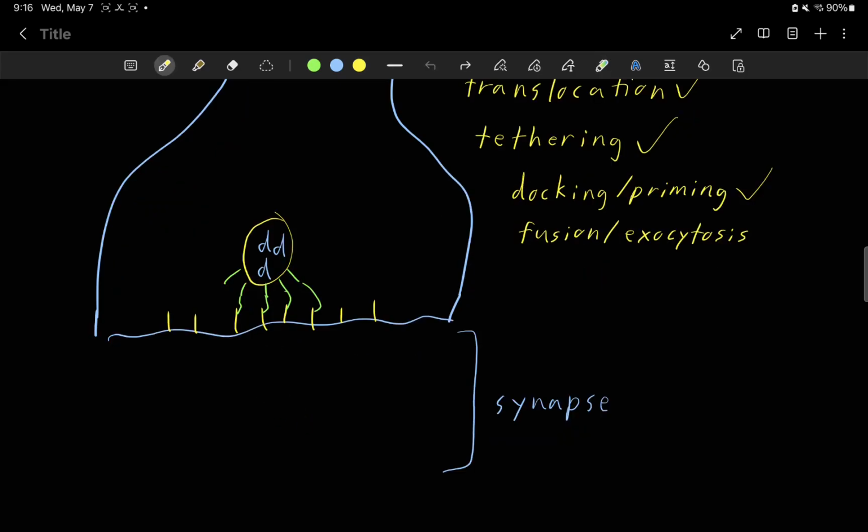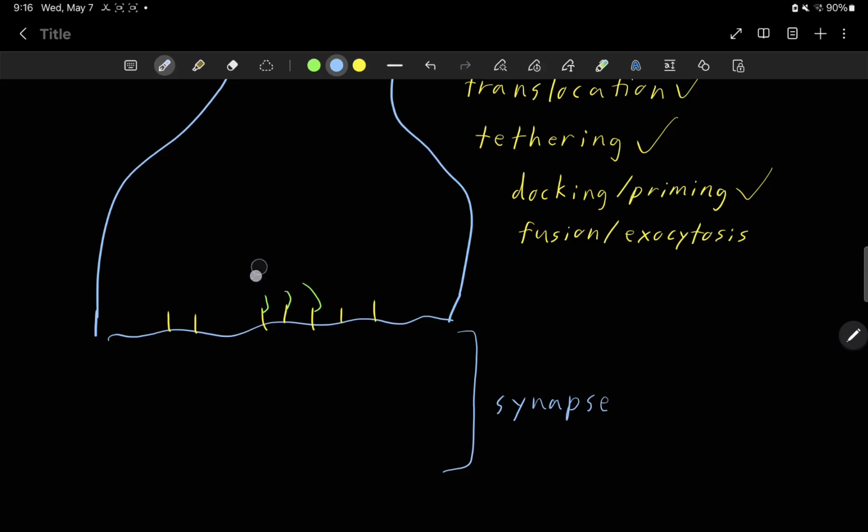So it's a little bit hard to show this with drawings, but basically what happens in your last step of fusion and exocytosis is your vesicle membrane fuses together with your neuron cell membrane, and when this happens, it releases all the dopamine inside your vesicle outside into your synapse. So this looks something a little bit like this.